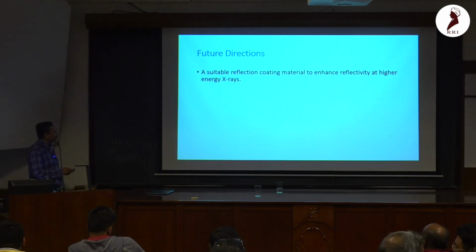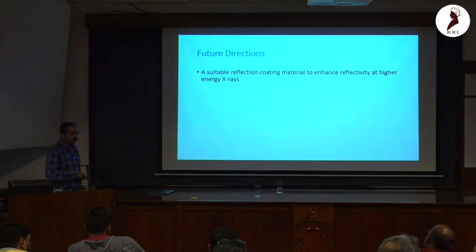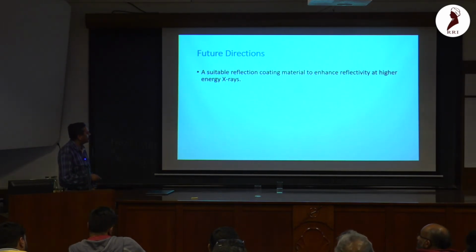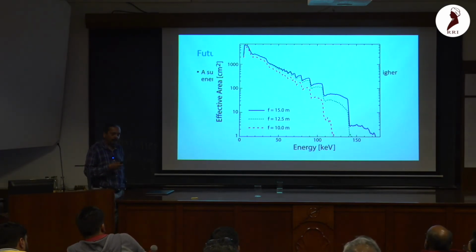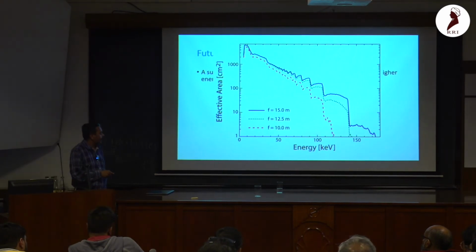For hard X-ray optics, a suitable reflecting coating material to enhance the reflectivity at higher energy is required. Groups around the world have done research on this. People use gold, platinum, silicon, carbon, or tungsten. These are the usual materials.